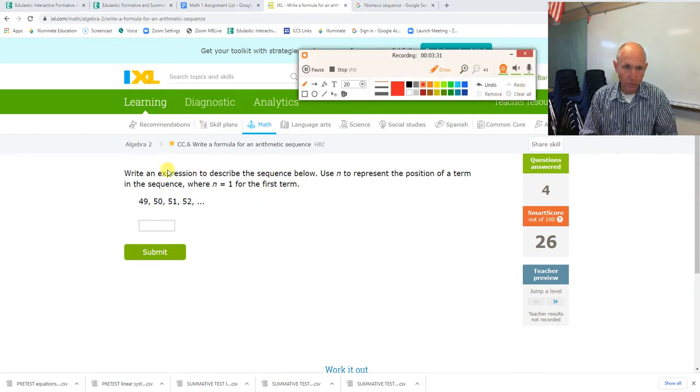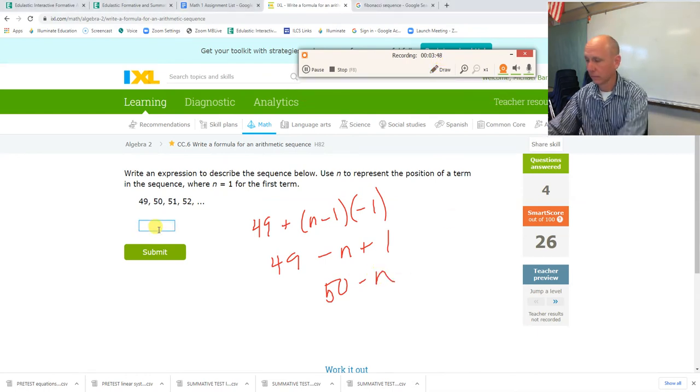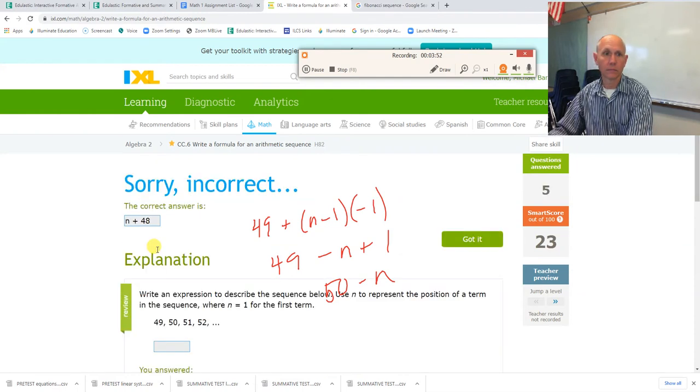Value of the first term is 49, n minus 1, and the difference here is negative 1, distribution, 49 minus n plus 1, so 50 minus n. What is my problem?